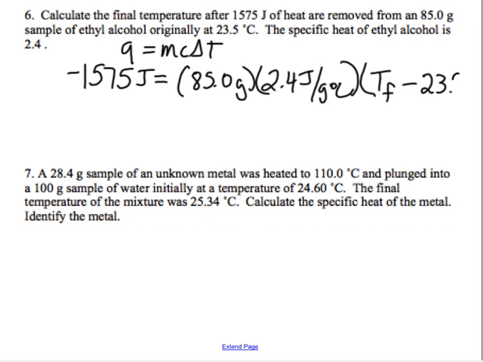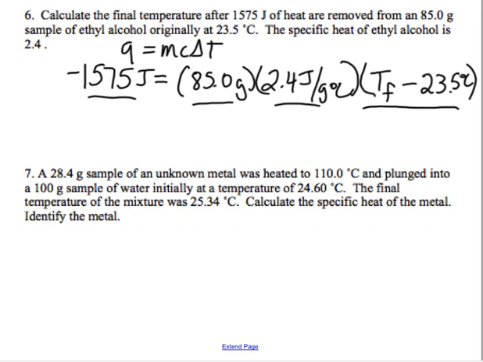Now here's the thing, folks. I see students do this, and they start to distribute that thing. I'm like, what are you doing? No. To solve, all you do is take 1575 divided by 85 divided by 2.4, and then you add 23.5. Don't distribute. That's crazy. Math is hard, but if you do that, you're making it way harder.